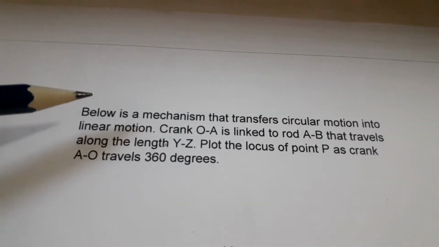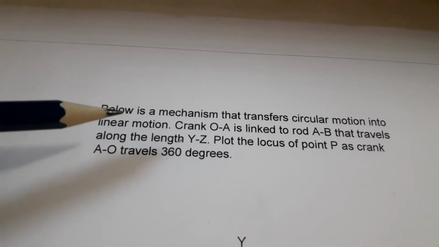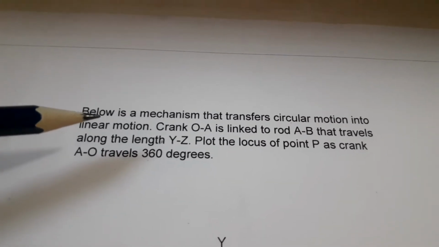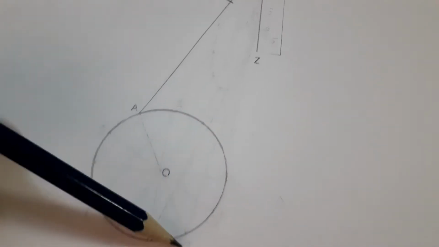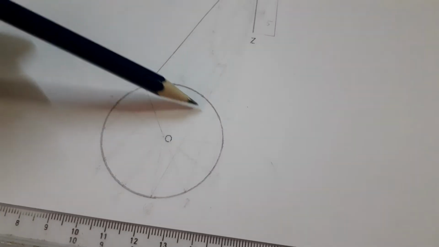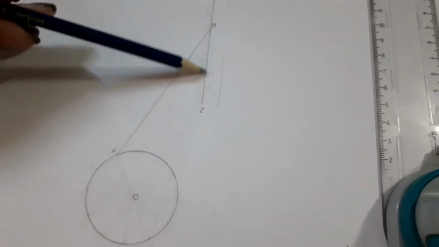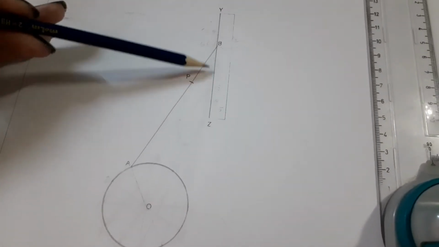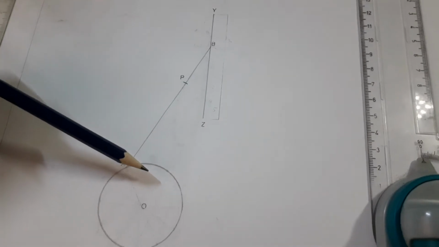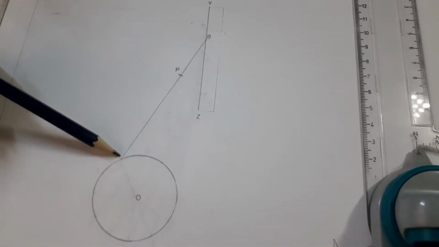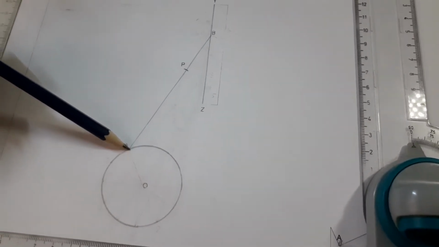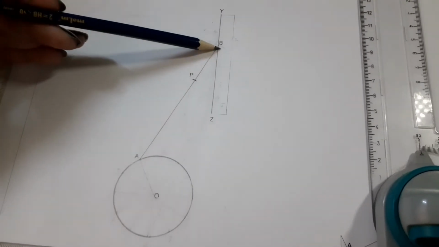So, cranks. Below is a mechanism that transfers circular motion into linear motion. Look, circular motion. I have the rod here, and it travels into linear motion. Crank OA is linked to rod AB.